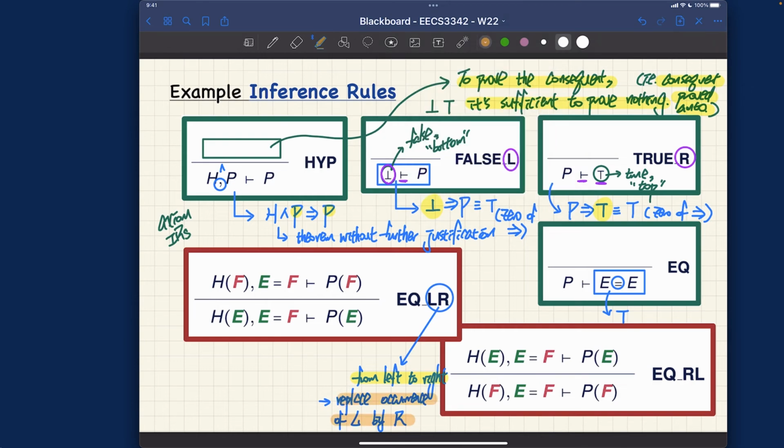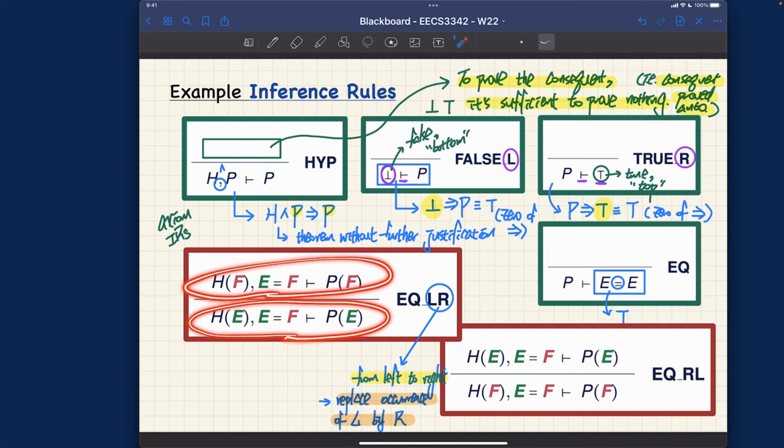So let's see exactly what's going to happen. Don't forget the meaning of an inference rule. When we have an inference rule, in order to prove the sequent in the consequence, it would be sufficient to prove the sequent in the antecedents. That's the meaning to start with. And in the consequence, we already have one of the hypotheses saying E is equal to F, meaning that we can substitute one by the other.